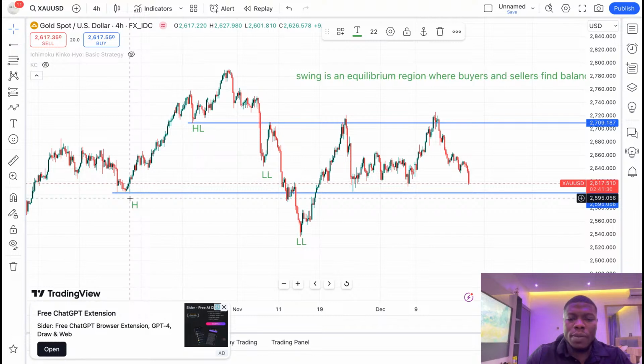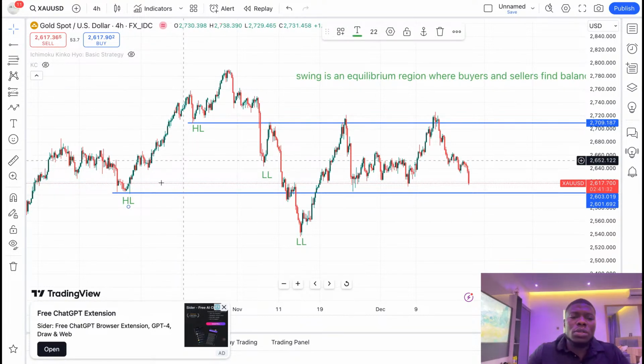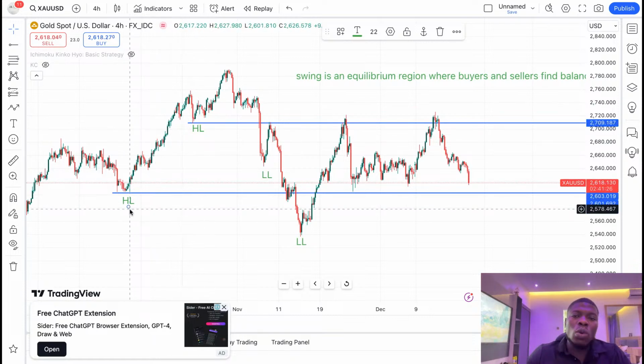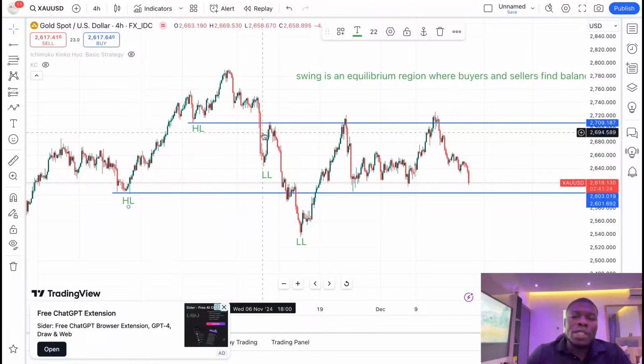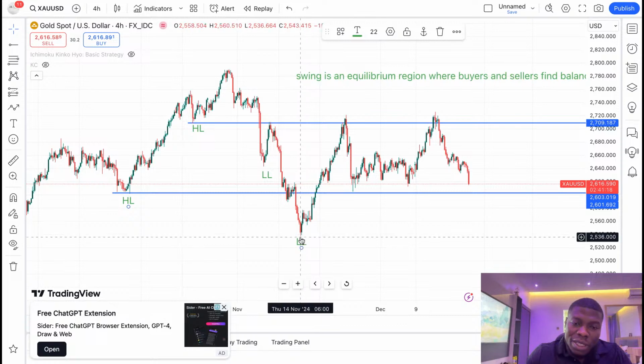This is our higher low. So now, the price has moved past the first higher low and the second higher low. Means our 4 hours is in a downtrend. After this movement, this was the confirmation of the downtrend of the 4 hours.